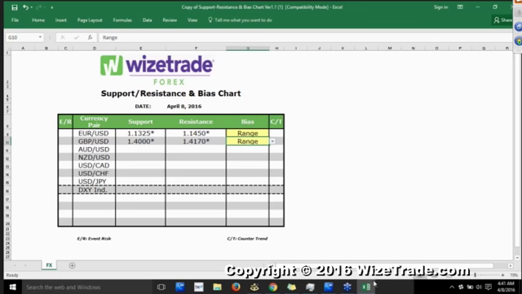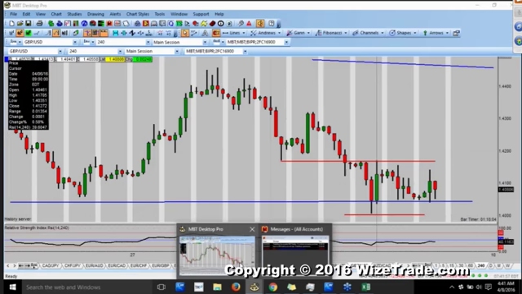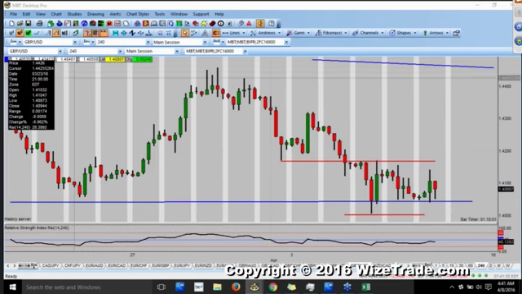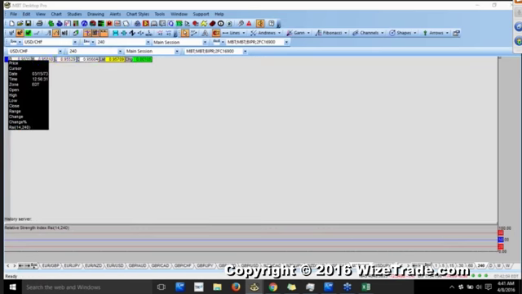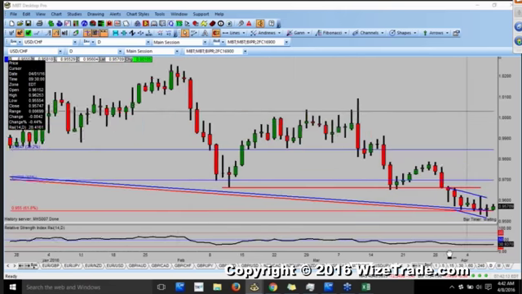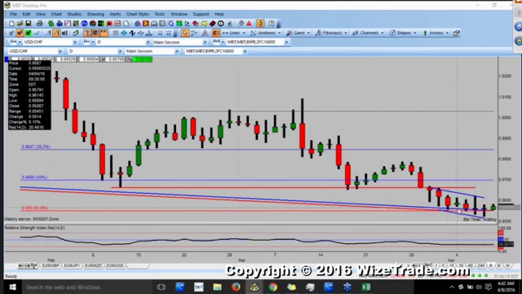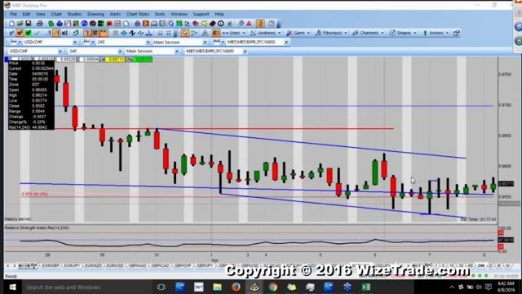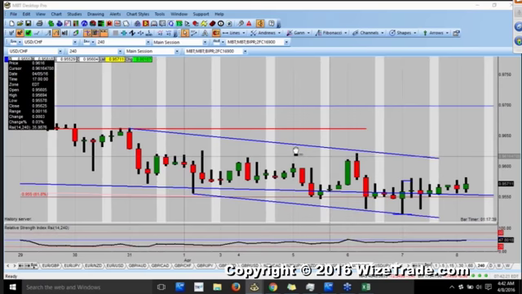Let's go take a look at the Swissy. So the Swissy is very similar to the euro in the sense that it is just holding this big 618 retracement. The dailies are grinding along that lower trend line, but we're coming up to this channel resistance here.